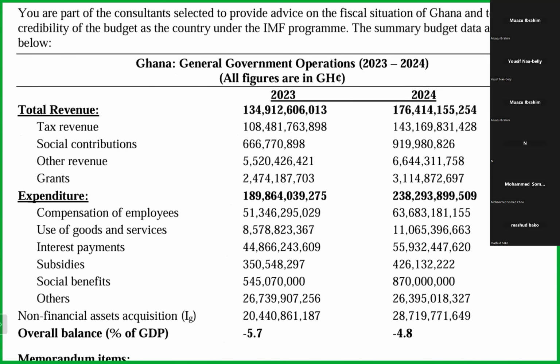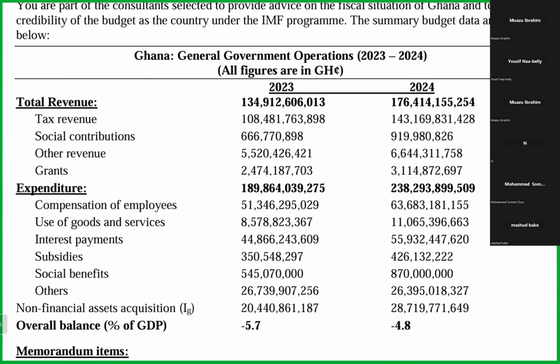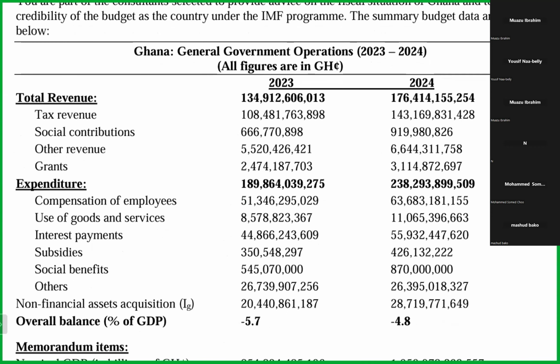You can see from the expenditure side, let's go one by one. In fact, the overall expenditure was 189 billion in 2023. In 2024, it increased to 138.3 billion, as you can see. Now let's go granularly. To do granularity analysis, it means that you look at the expenditure one by one.